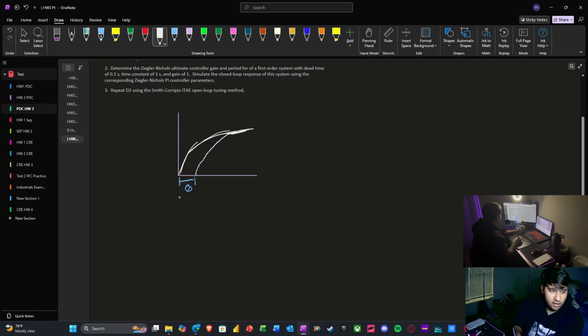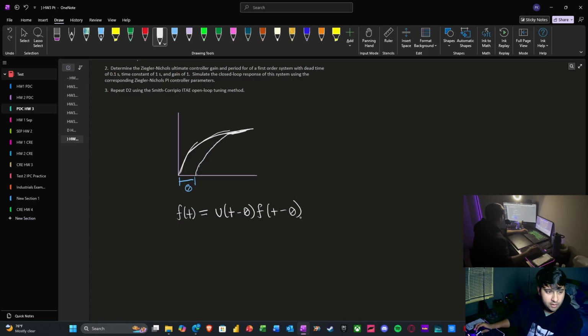So in terms of our function, this essentially just equals u(t minus theta) times f(t minus theta).